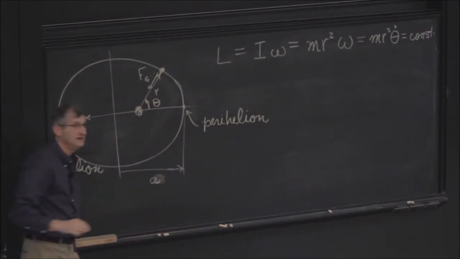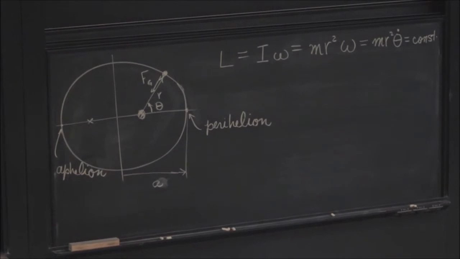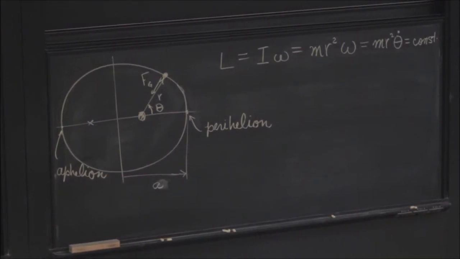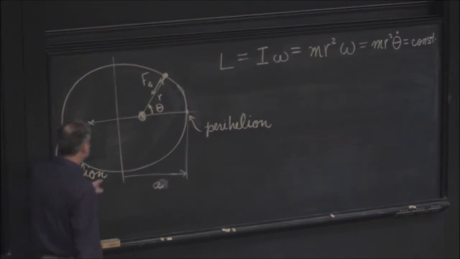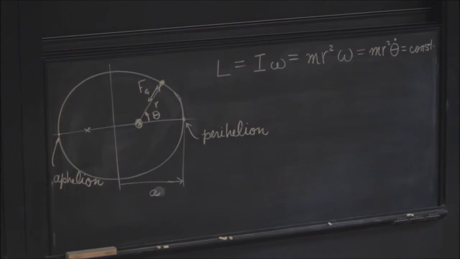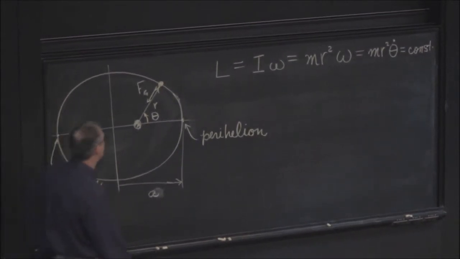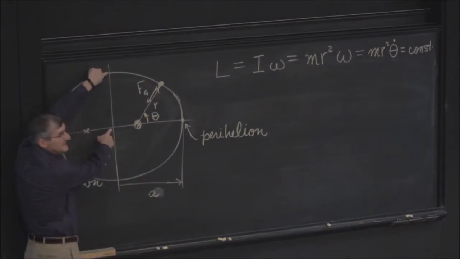And this a is customary and not to be confused with acceleration. That's just the distance from the center of the ellipse out to the farthest point away from the center of the ellipse. And the semi-minor axis would be that distance there.